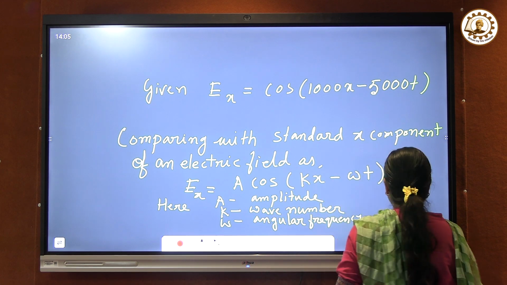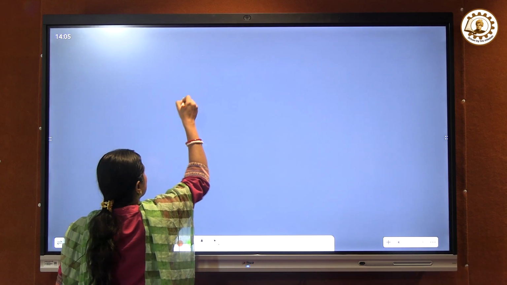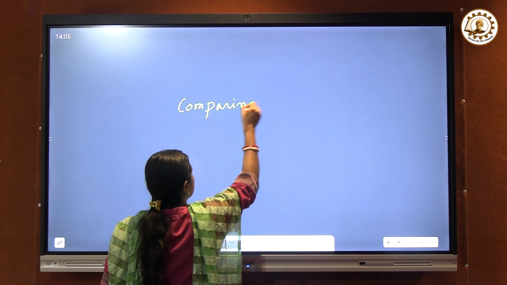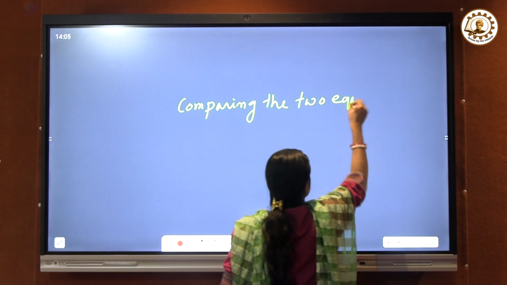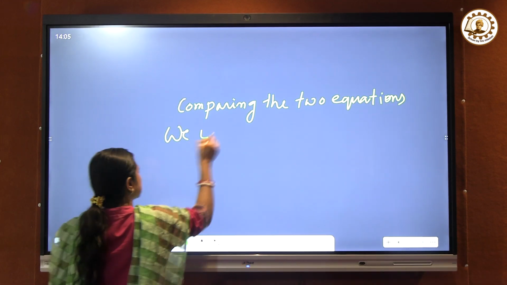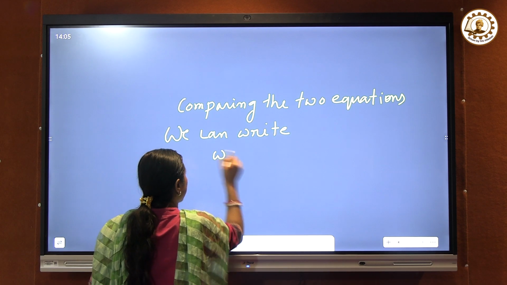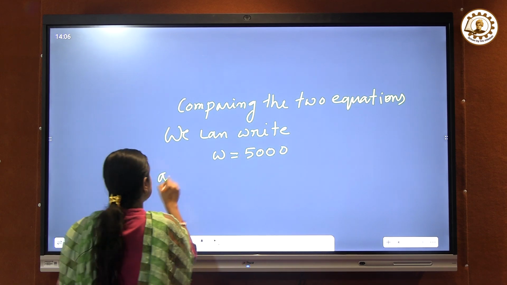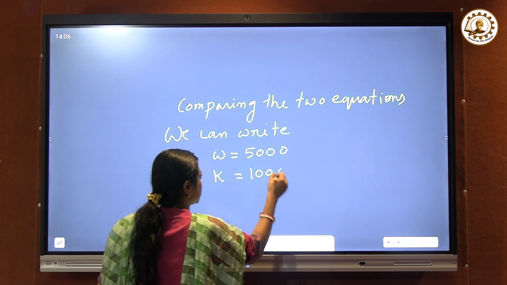Comparing the two equations, we can write omega is equal to 5000 and k is 1000.